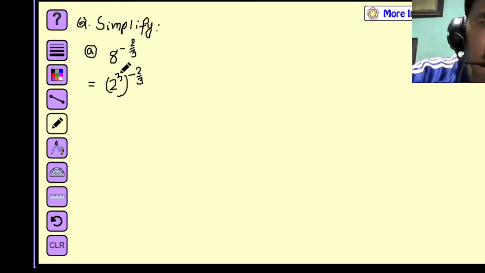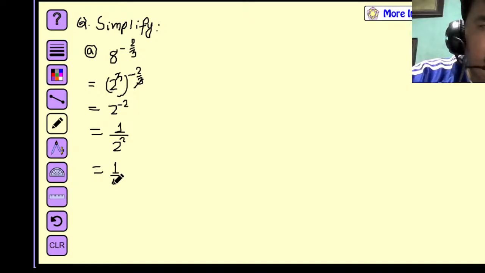Then here is multiplication, that's why this 3 and this 3 cancel. And here remains just 2 to the power minus 2. If there is a negative power, as I told you, take it to the denominator. Then what will be here? 2 square. Then write 1 by 4, like this it will be the answer.